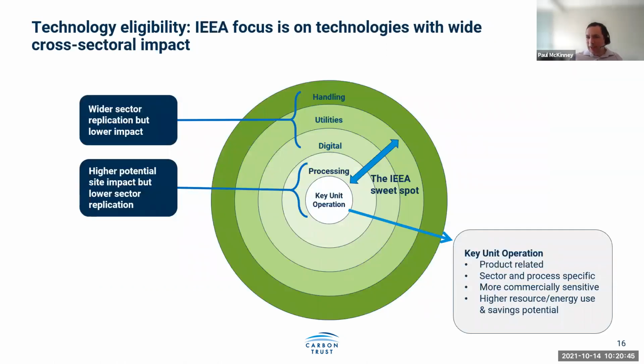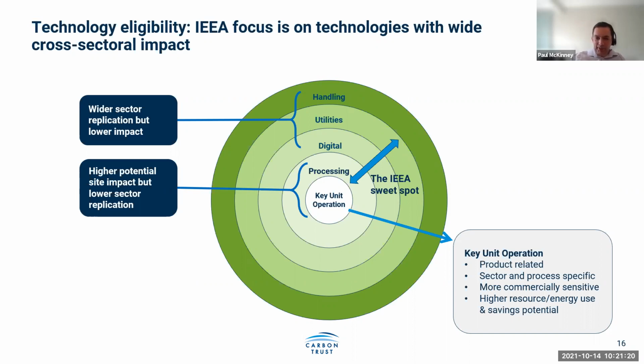This archery slide is intended to show that there's a range of potential processes that your project could address, and that starts at the center with the key unit operations. So effectively that's the core production process. It might be the glass furnace or ceramics kiln or the chemical reactor, and those projects potentially might have a really high, step change impact, but they might be less replicable.